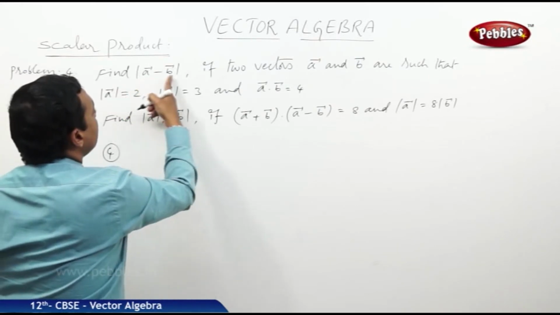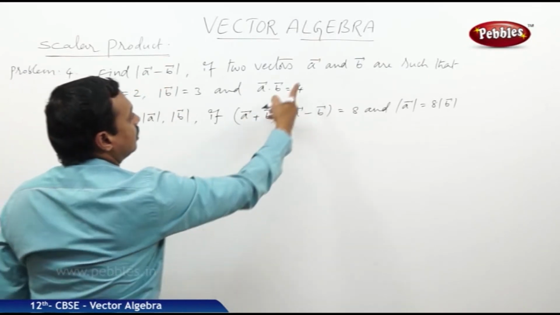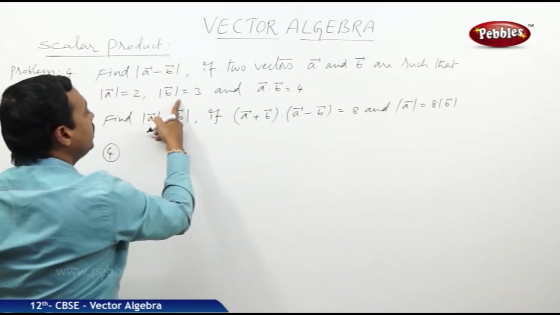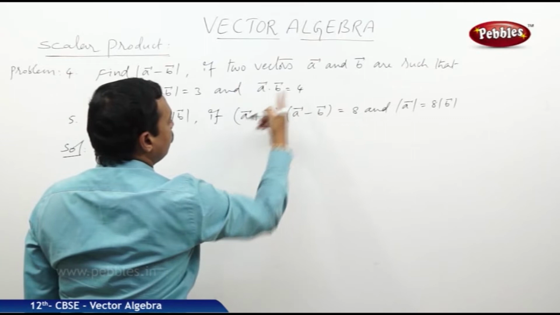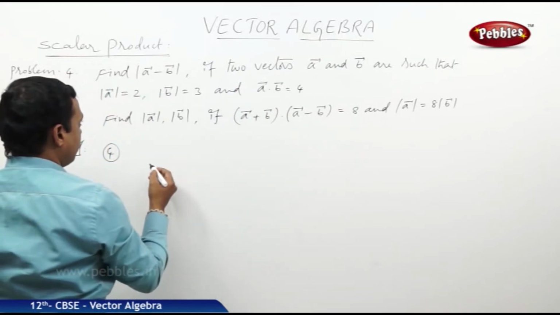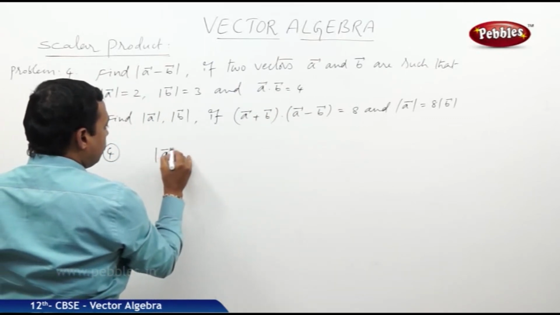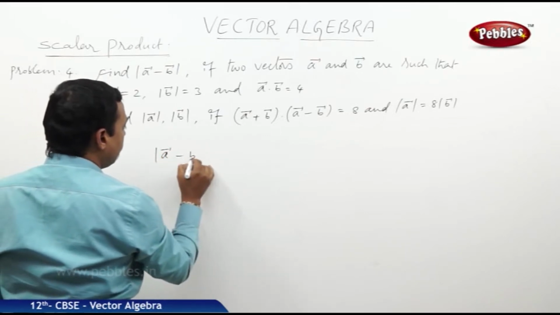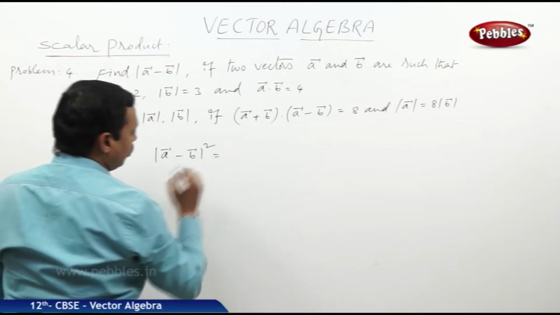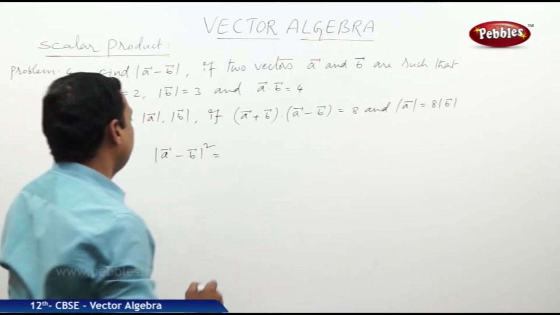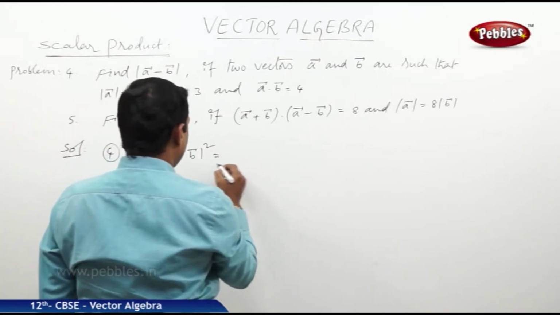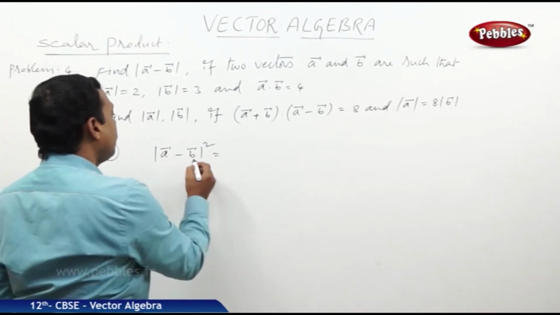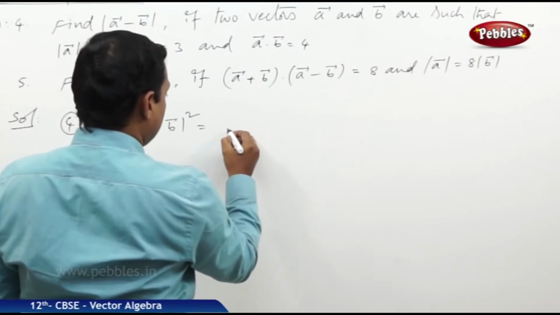Find modulus of a minus b vector when mod a is equal to 2, mod b equal to 3 and dot product of the two vectors is equal to 4 given. Modulus of a minus b whole square, let us take modulus of a minus b whole square. Consider modulus of a bar minus b bar whole square.